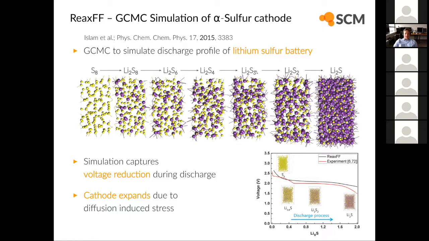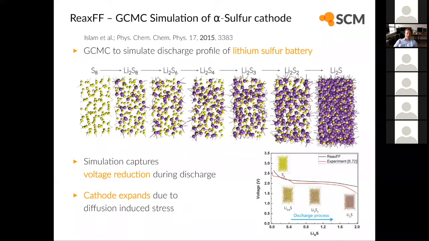In that case, that's an alpha sulfur cathode. And they then use the grand canonical Monte Carlo method, so GCMC, which allows one to keep the chemical potential constant during the simulation, and thereby to add atoms at runtime into the simulation box. And this was then used to simulate the discharge profile of such a lithium-sulfur battery.